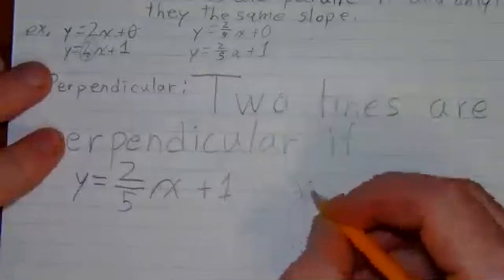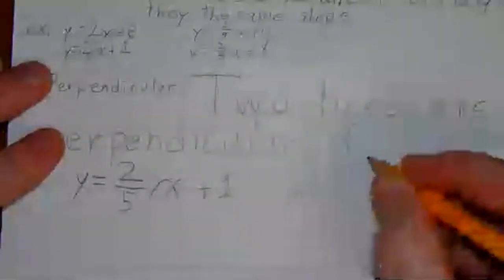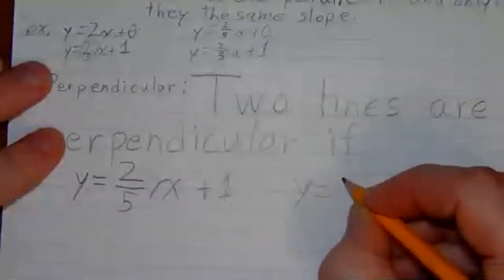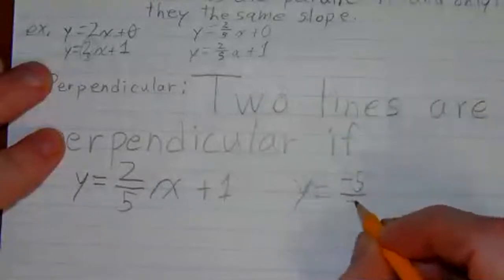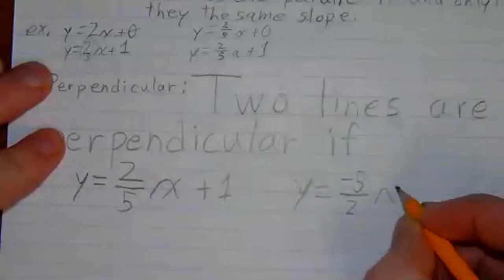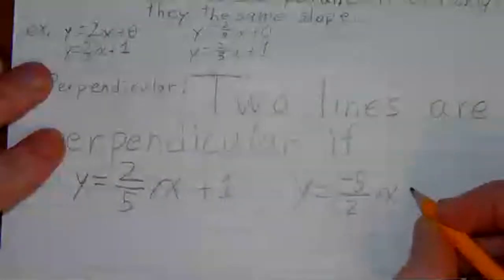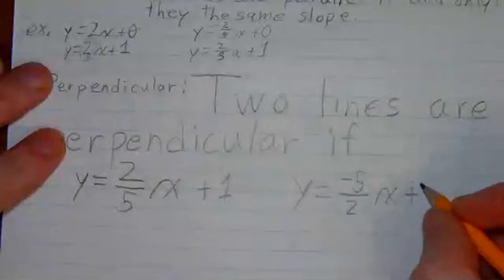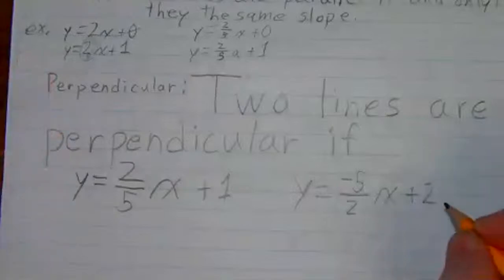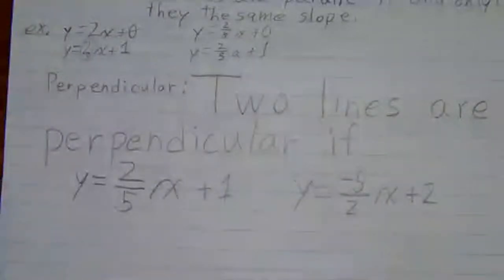And the second line, I'd like you to make it y equals -5 over 2 x plus, and you can make it +0, +2, +4, whatever number you want. Maybe pick a small number so it just doesn't go off the graph.